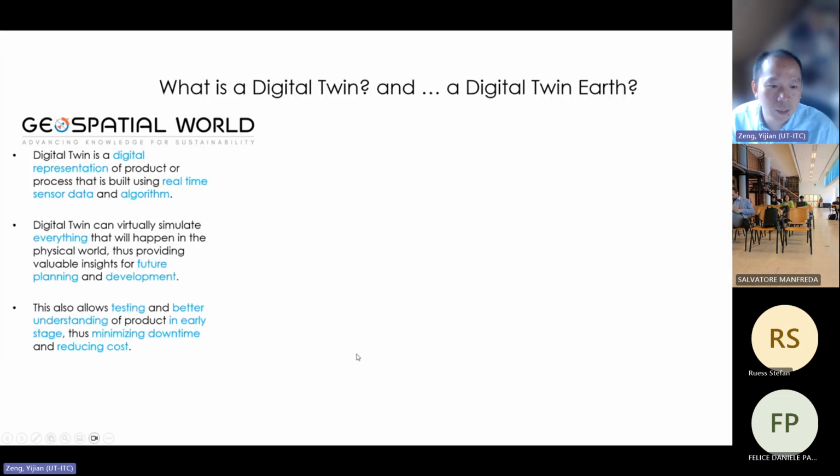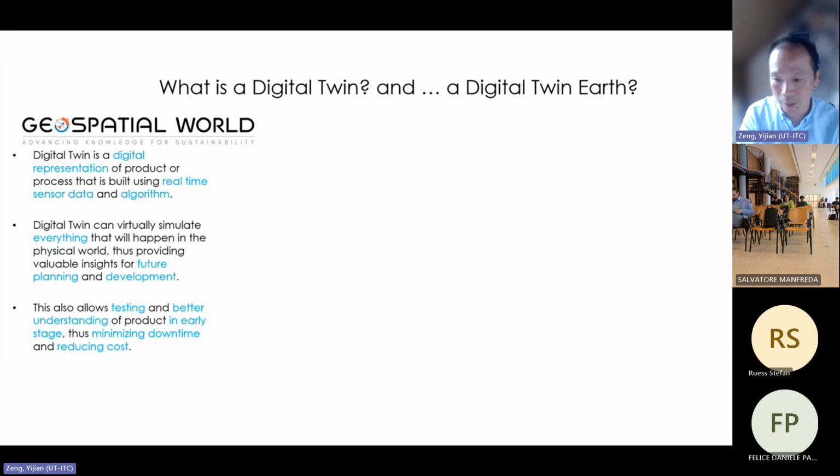So actually, I was trying to use that small video clip to introduce the concept of a digital twin, and then link it to the concept of digital twin Earth. I think you may have heard about this digital twin concept before, and basically it is a digital representation or replica of a product or process, using real-time sensor data and algorithms.